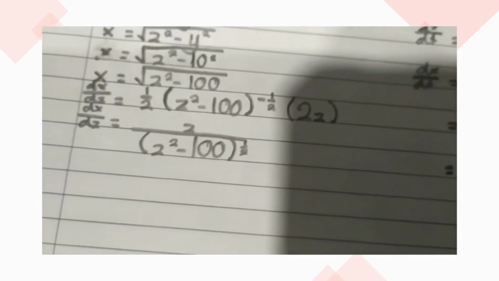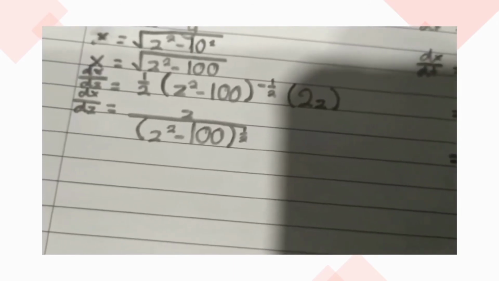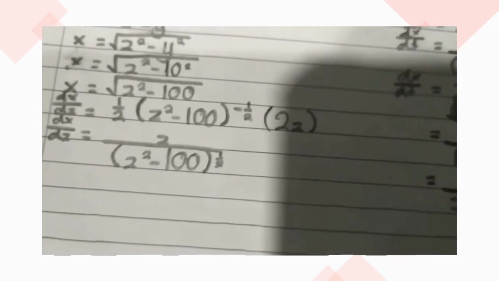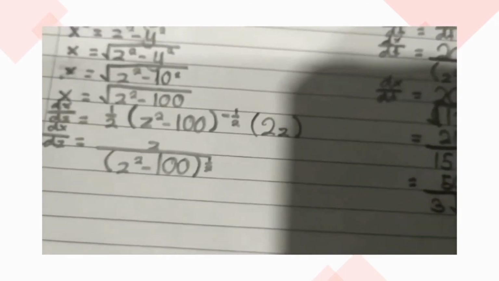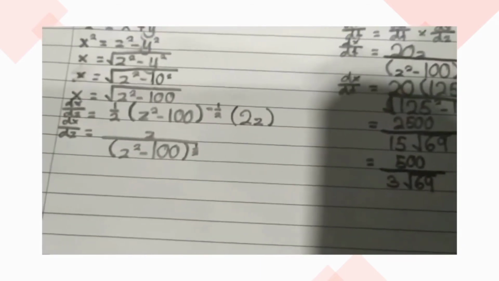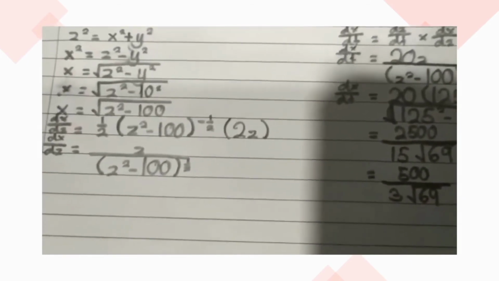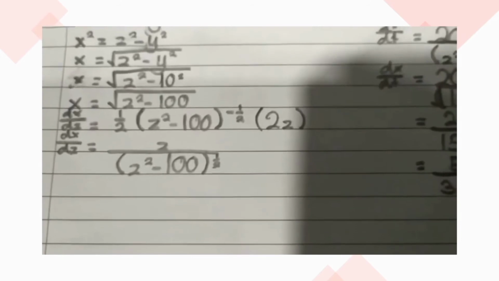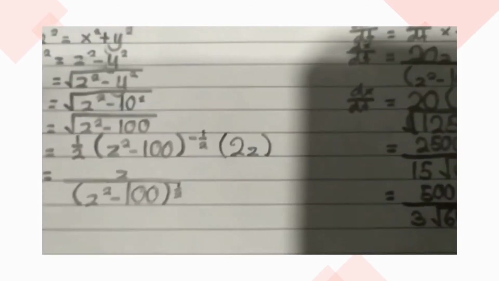So we got here 1 over 2 times open bracket z squared minus 100 close bracket to the power of negative 1 over 2 times 2z, and we got z over open bracket z squared minus 100 close bracket to the power of 1 over 2.